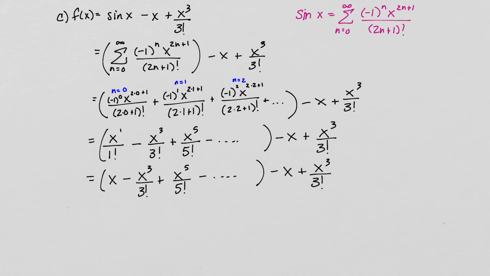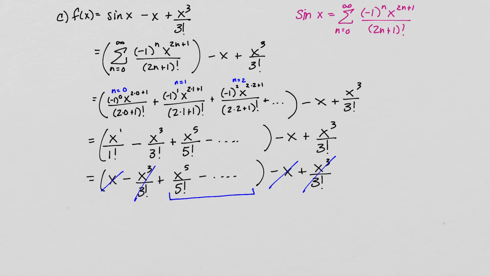Okay, so then if you look at these, this is a minus x. It would cancel out with this positive x. This minus x cubed over 3 factorial would cancel this positive x cubed over 3 factorial. So really, the only thing I have left is this part of the series.